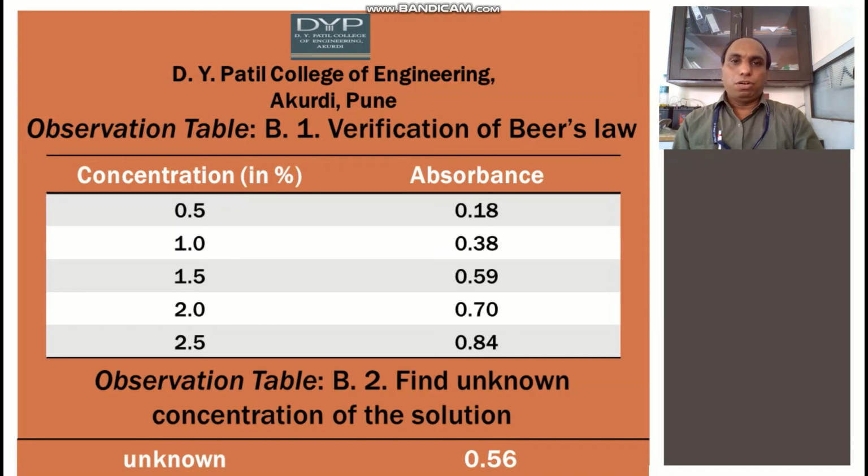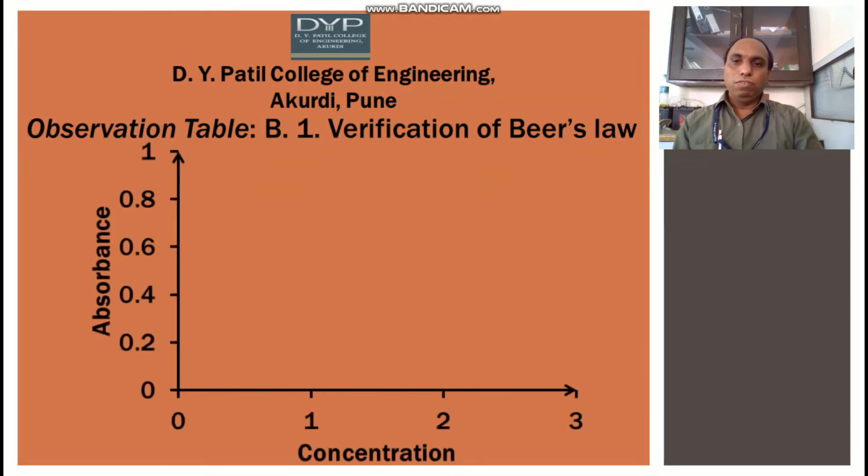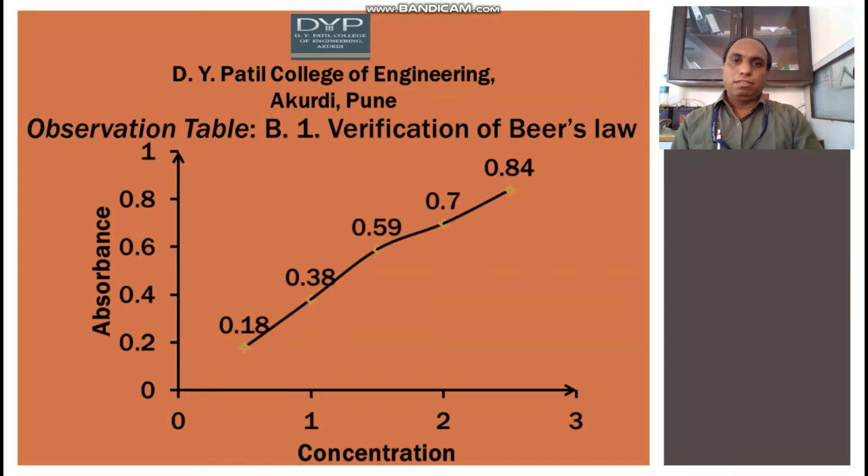So let us draw a graph. If you plot a graph between concentration and absorbance, the plot is linear in nature. Though you may have some error or less accuracy, so you may not get an exactly straight line, I can draw a straight line.